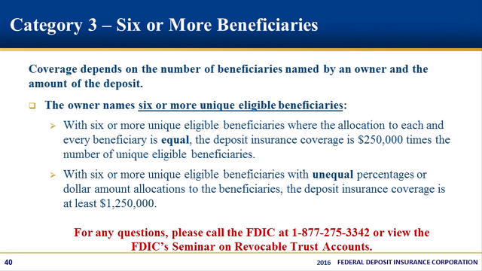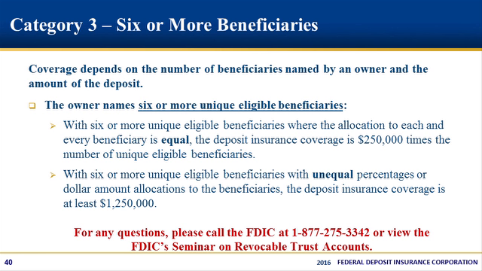As before, we are simply going to multiply $250,000 times the number of eligible beneficiaries named. So, for example, if there are 6 beneficiaries receiving equal percentages or allocations, then 6 times $250,000 results in up to $1,500,000. If there were 7 beneficiaries, 7 times $250,000 would be $1,750,000 in insured coverage.